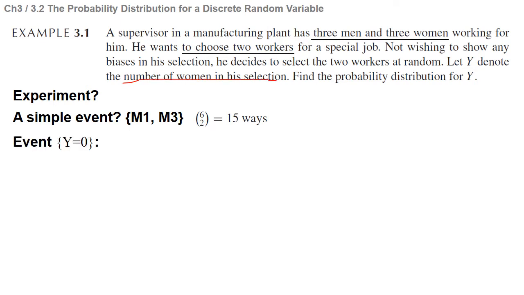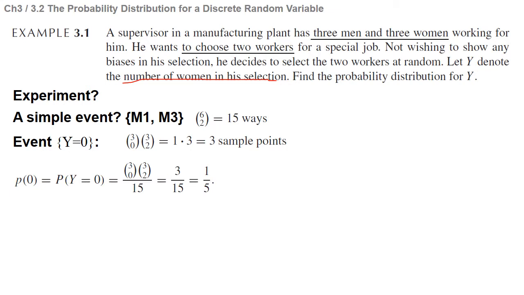So for example, event Y equals 0 is choosing 2 members from men and no one from women. So this is 3 choose 0 times 3 choose 2, which is 1 times 3, and it has 3 sample points for event Y equals 0.